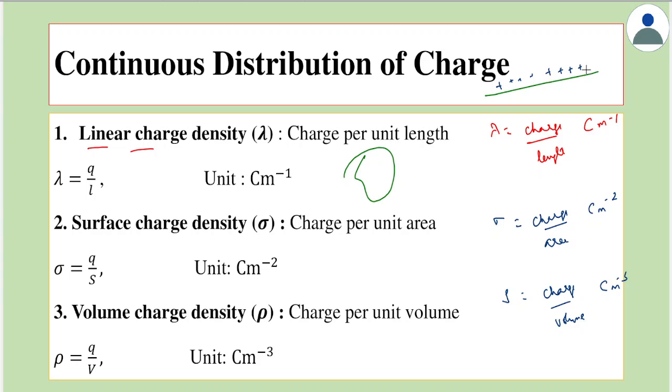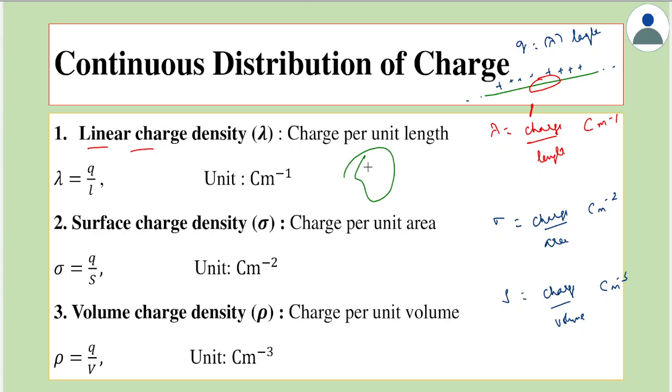If you want to find the charge only in this section of the wire, then the charge, if we call it Q, would be given by lambda into length. So lambda, sigma, rho are useful to find charge in a small elemental region, or a small area or a small volume.